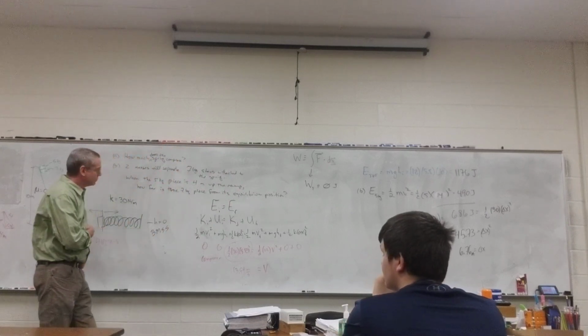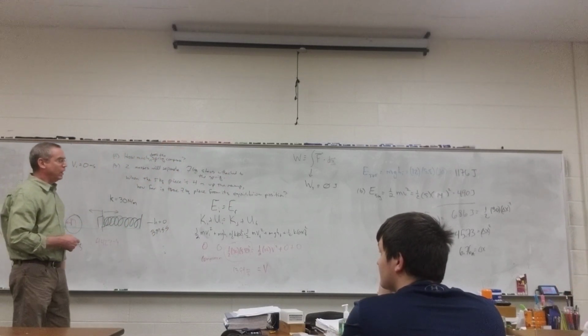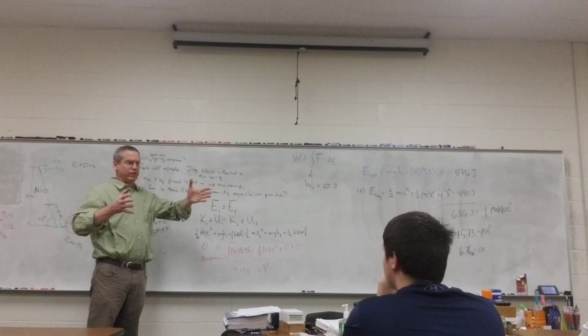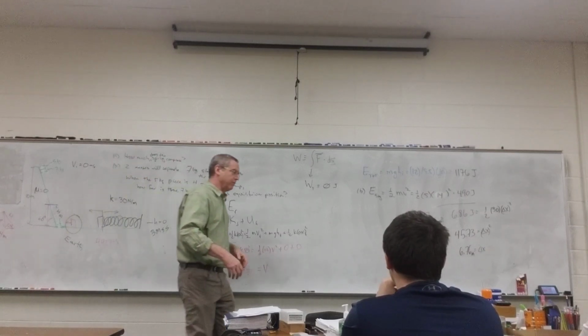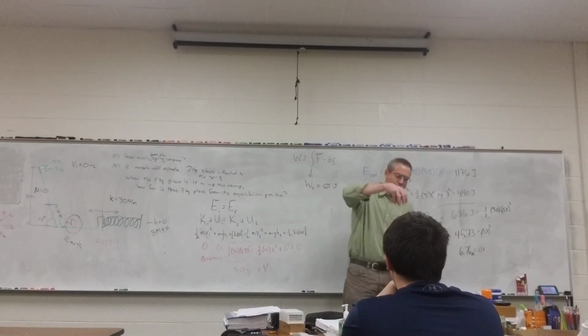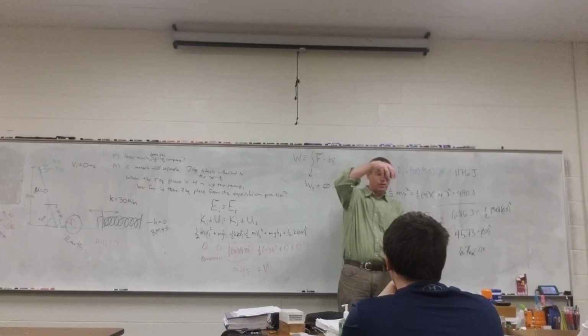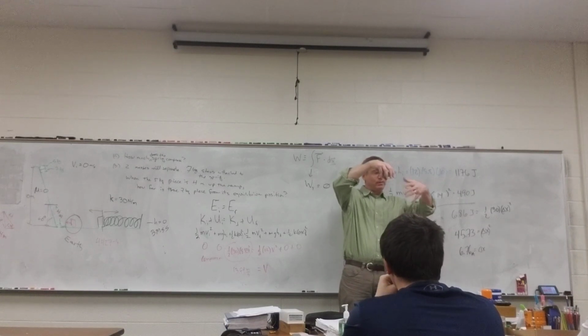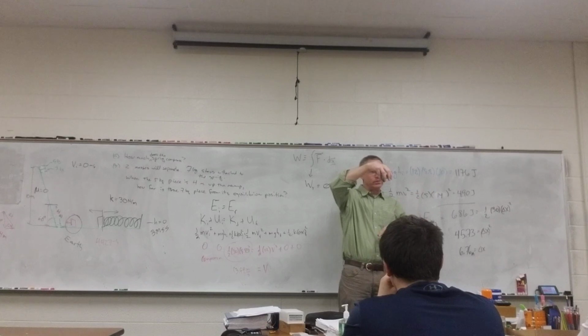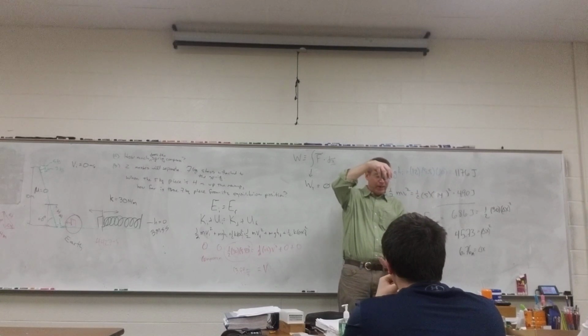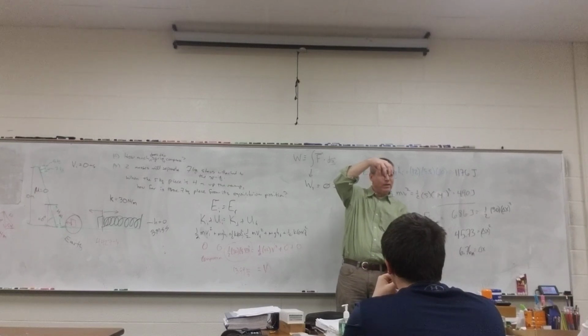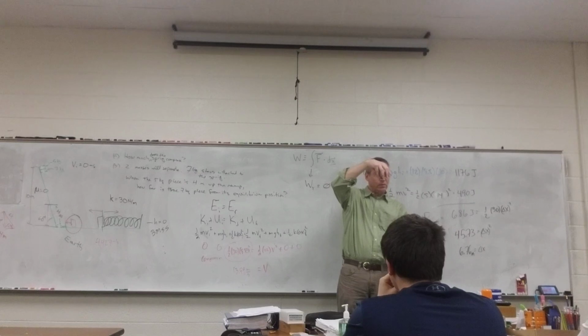A spring has a natural length. If I hold the spring up like this, ignoring the small oscillations, that's its equilibrium position right there. If I apply a mass to it, it'll stretch past that, and then it'll oscillate back and forth around that equilibrium position.